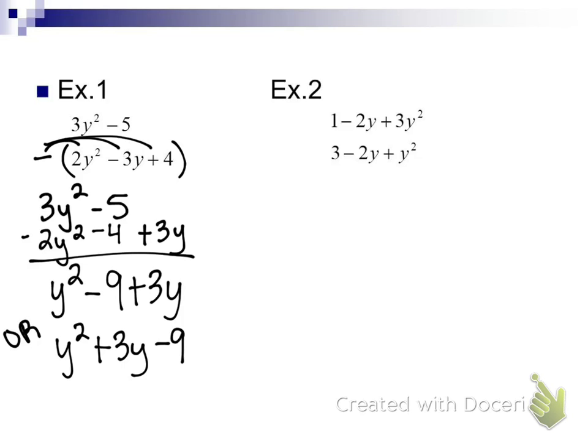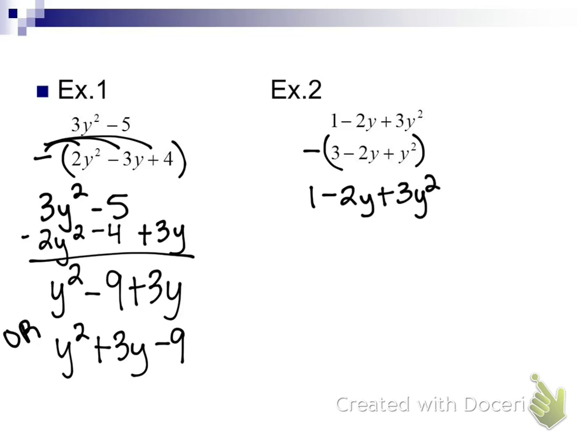What's nice about example 2? It's lined up for us, so that is wonderful. Same process. The bottom one's going in parentheses with a minus sign out in front of it. That reminds us that we are going to have to change all of the signs of the bottom polynomial.